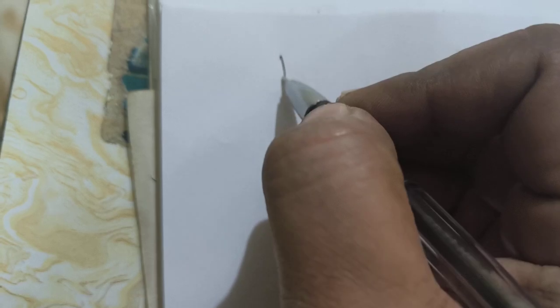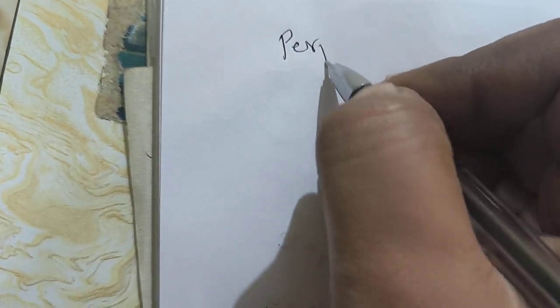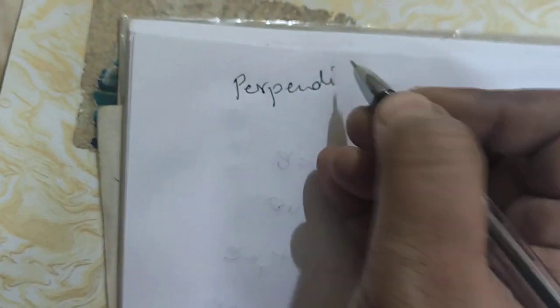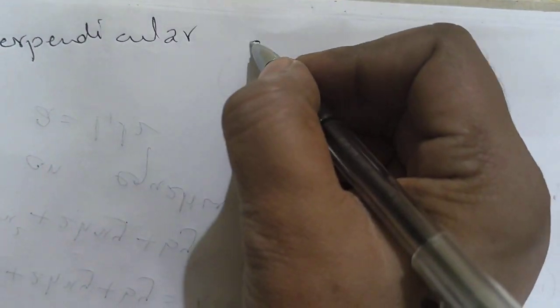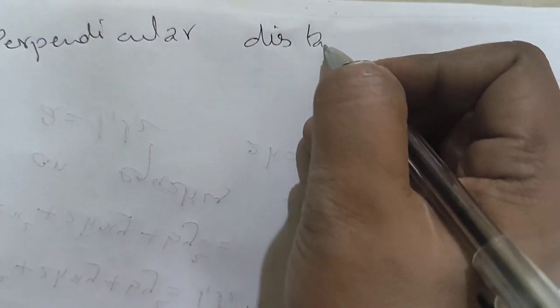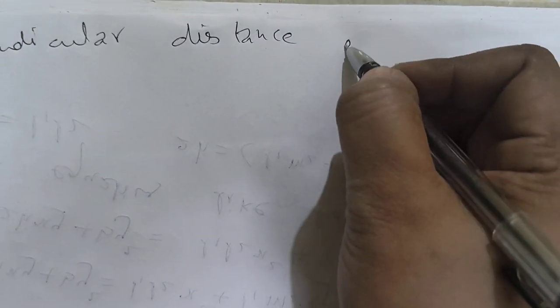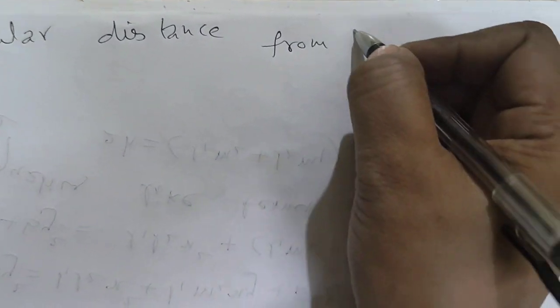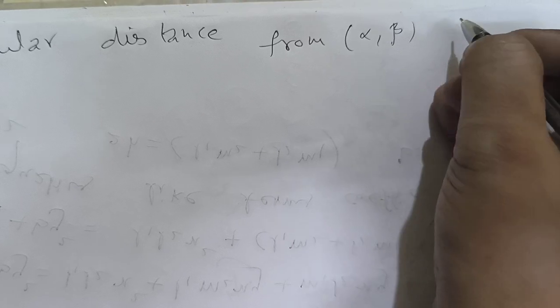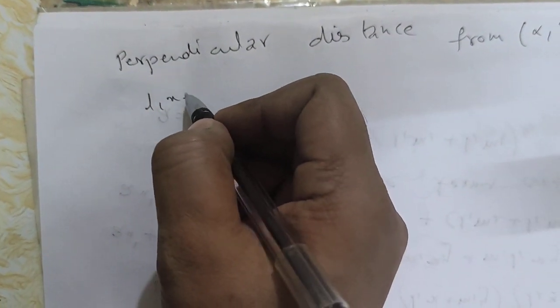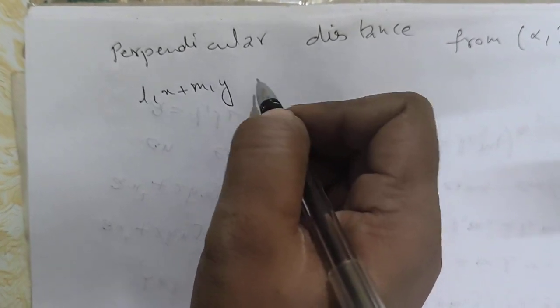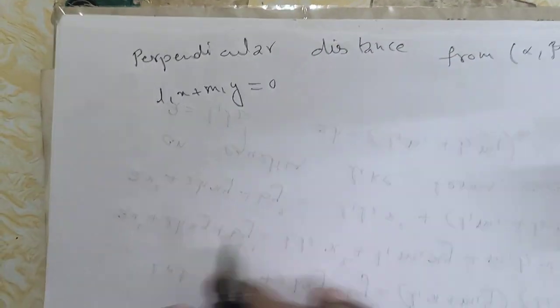Now first point, perpendicular distance from the point alpha beta to the first line L1x plus M1y is equal to 0.